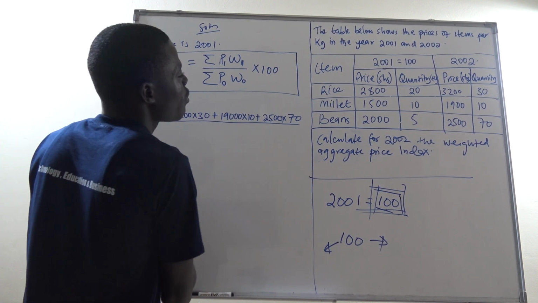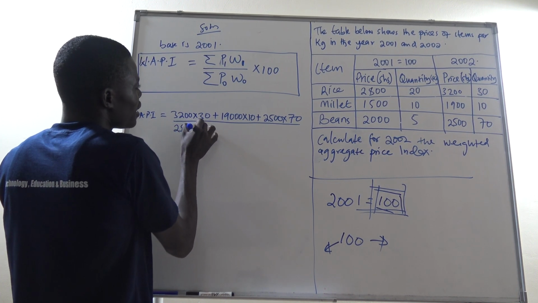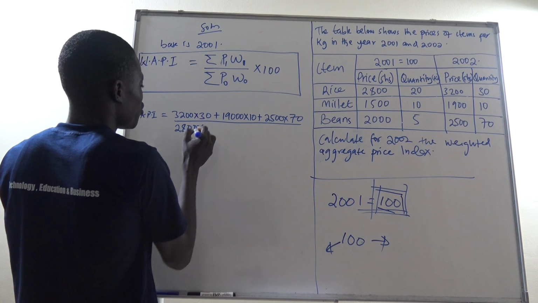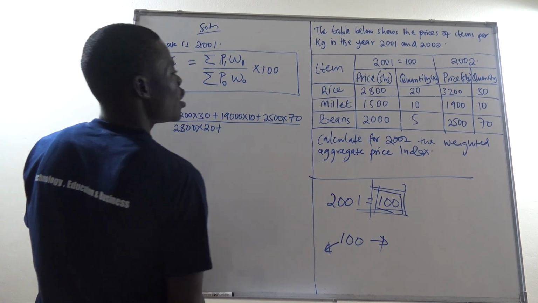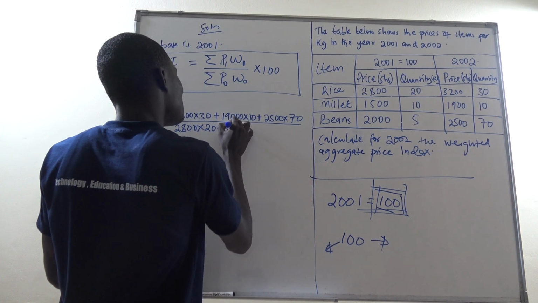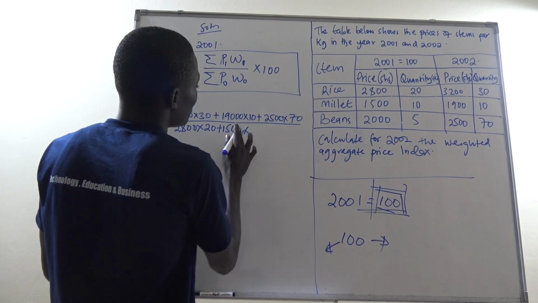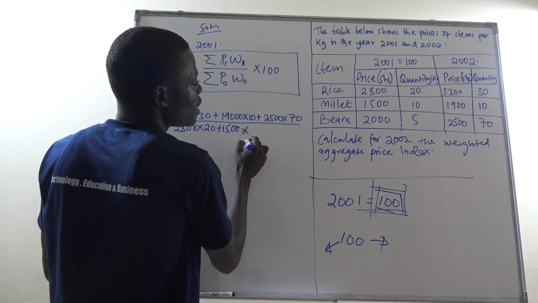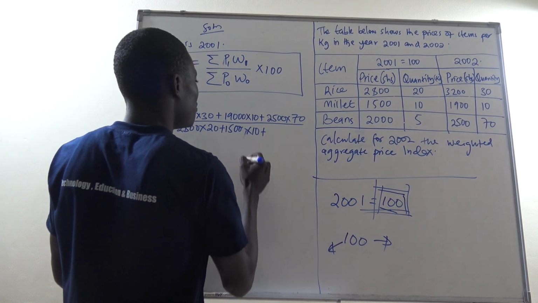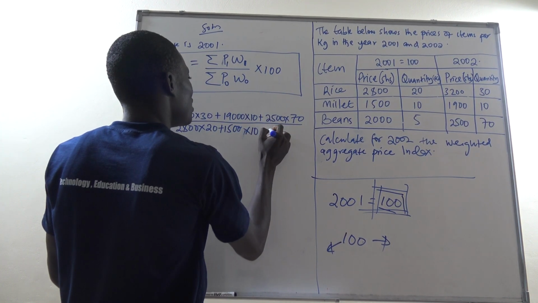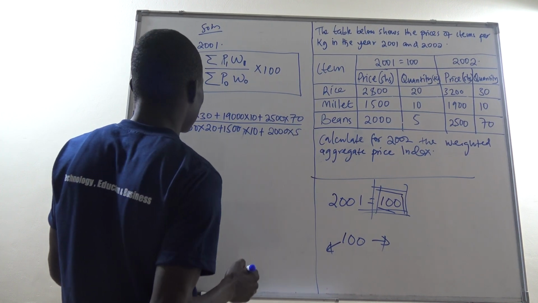So the price of rice in 2001 was 2,800 times the quantity of rice bought in that year, which is 20, plus the price of millet, which was 1,500, times the quantity, which is 10, plus the price of beans in 2001, which was 2,000, times the quantity they bought, 5.